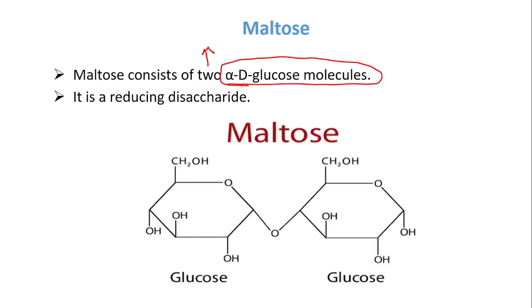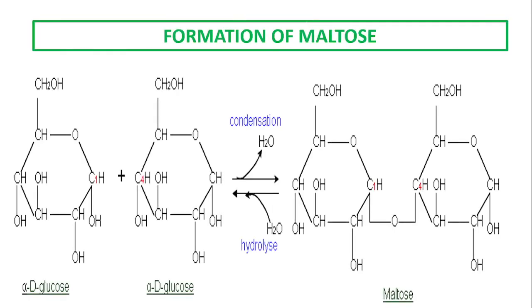So when you talk of the formation of maltose, that's what happens. It's the same thing I explained about lactose, but in this case this one is alpha D glucose and that one is alpha D glucose.